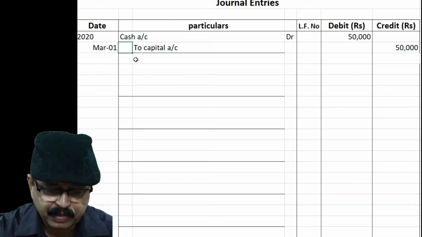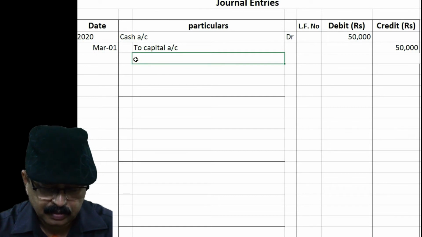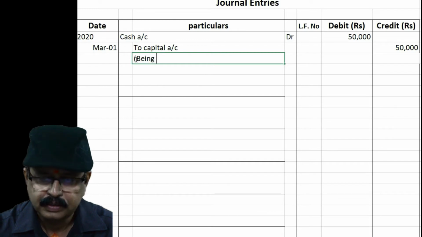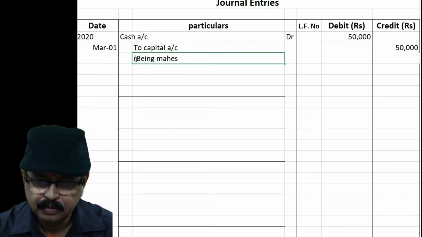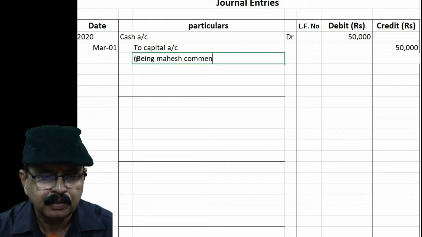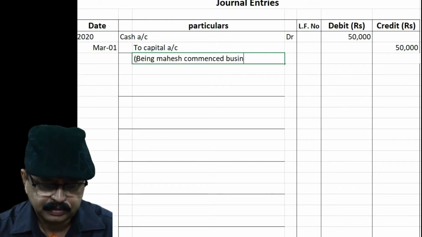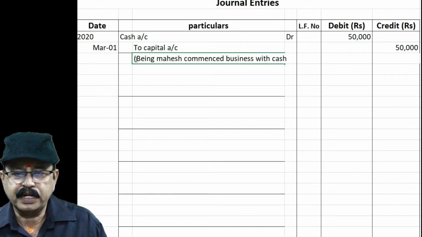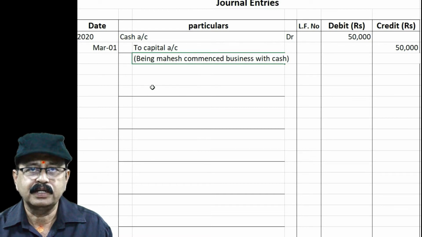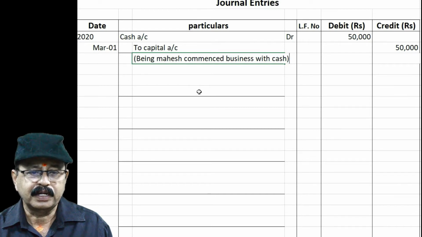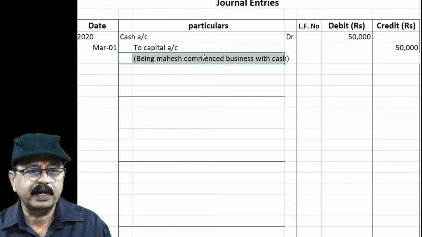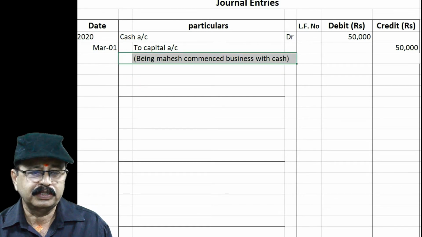We start with a bracket and write: being Mahesh commenced business with cash, bracket close. For each and every transaction, after writing the journal entry we should write the narration also. After finishing the narration we should draw one line in the particular column.